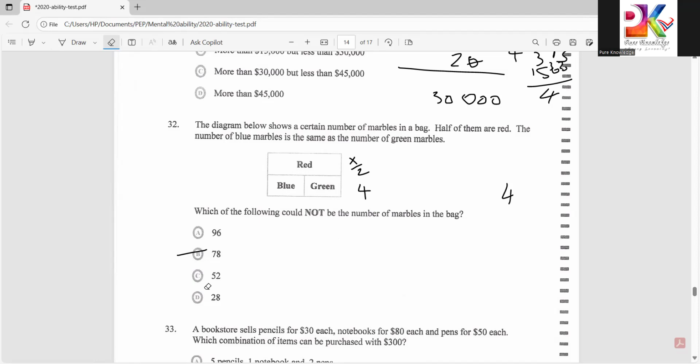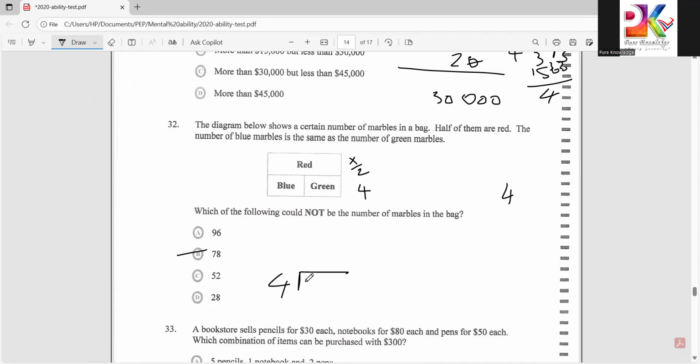We can check the others. We see 4 into 5 goes 1, and carry the remainder. 4 into 12 goes 3.